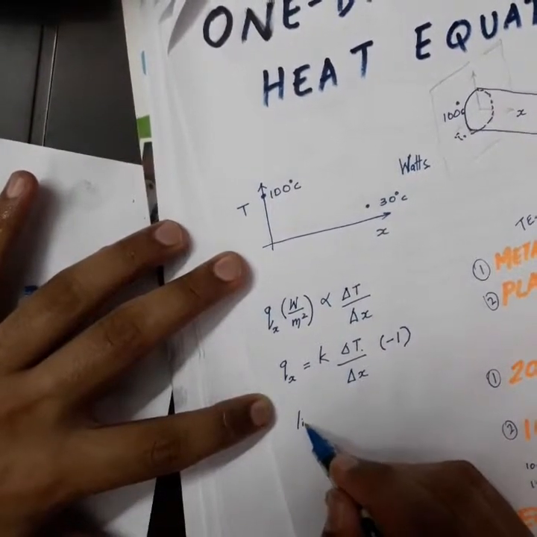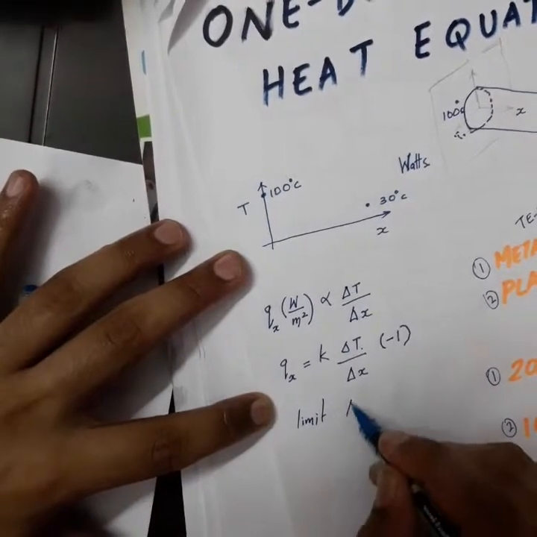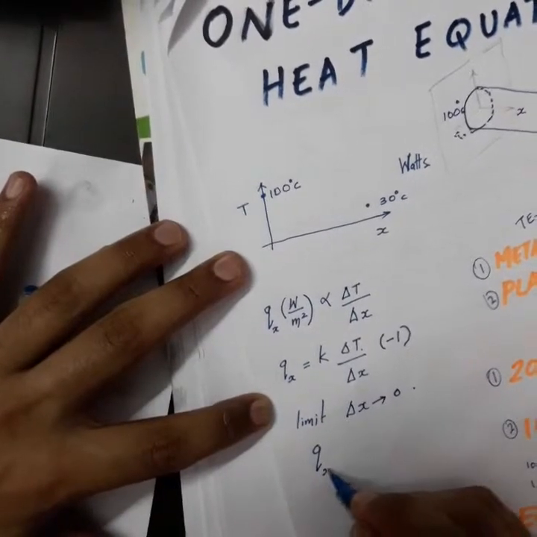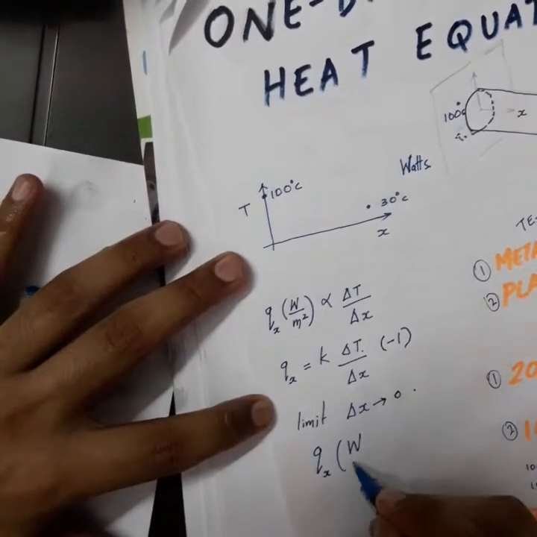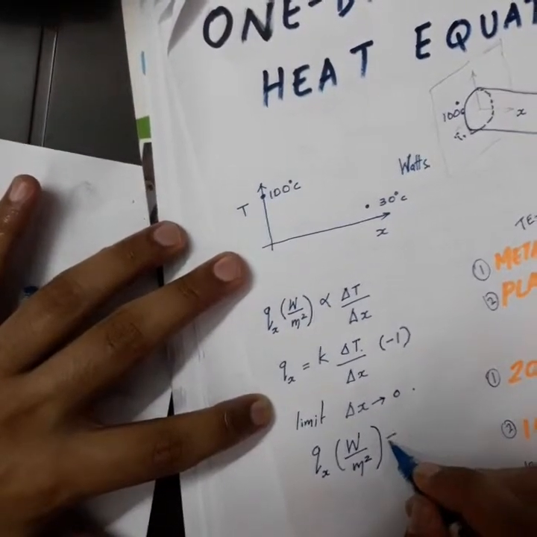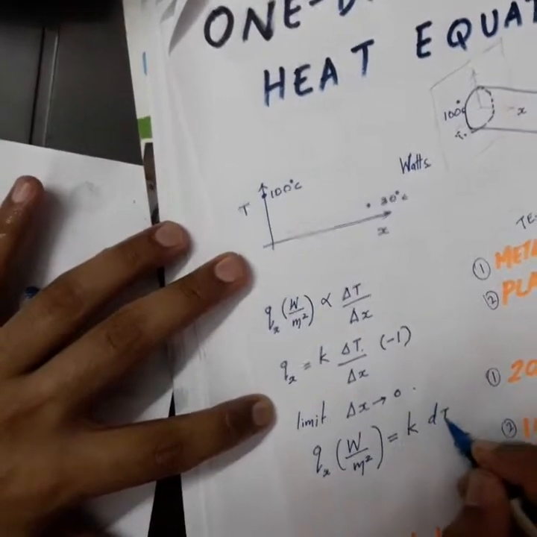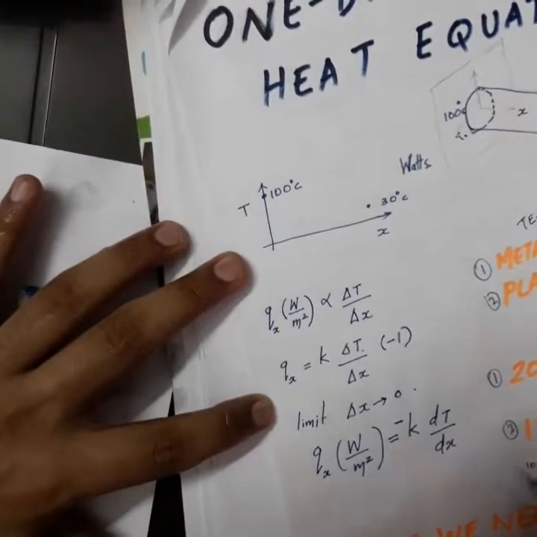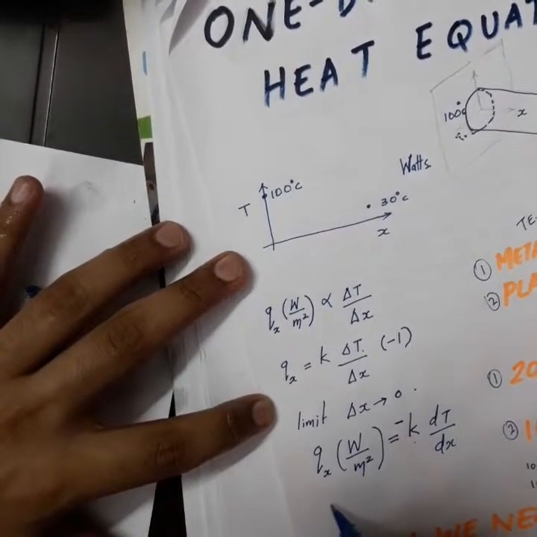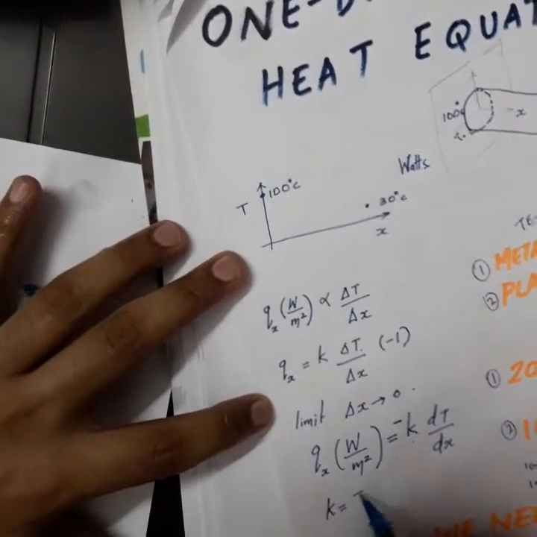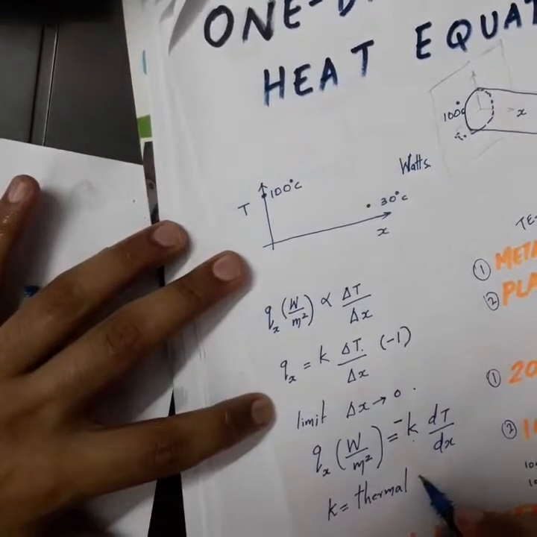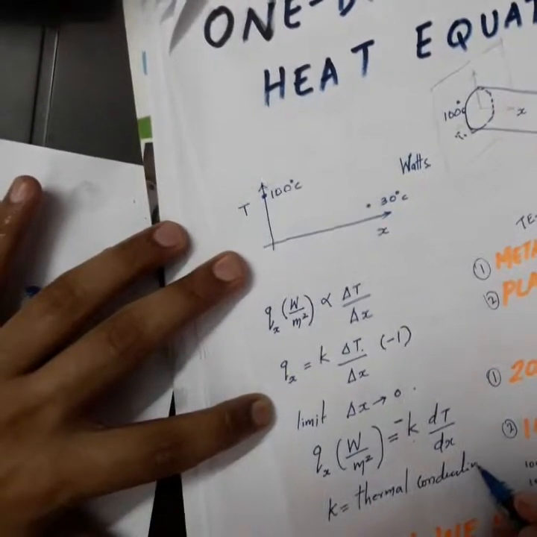Now, as engineers, in the limit as delta x tends to 0, the rate of heat energy flowing per unit area is equal to minus k dT by dx, where k is called the thermal conductivity of the material. If you are a mechanical engineer, it's good for you to know this. Other engineering branches need not bother about this a lot.